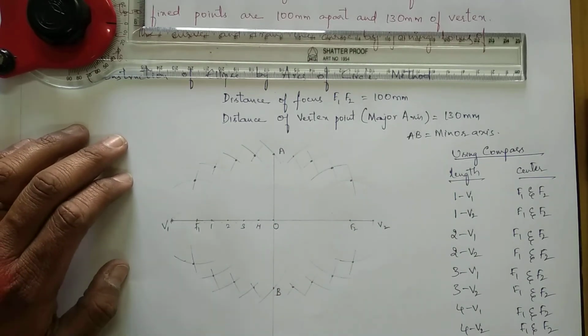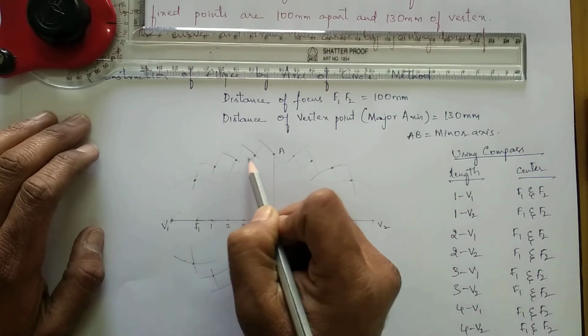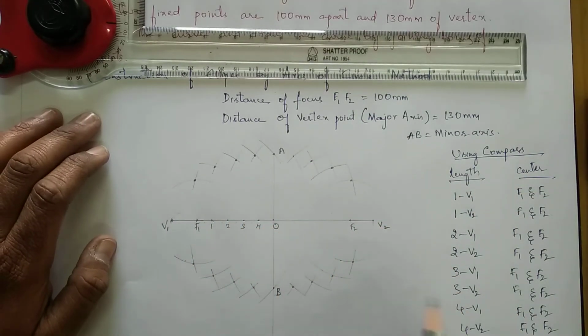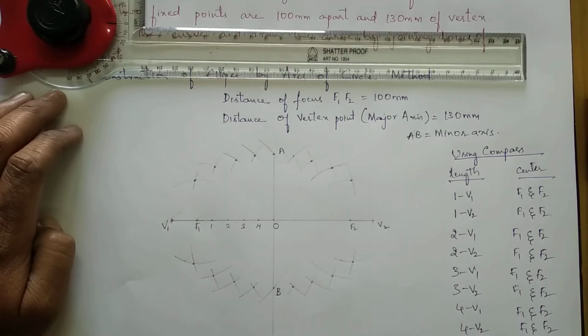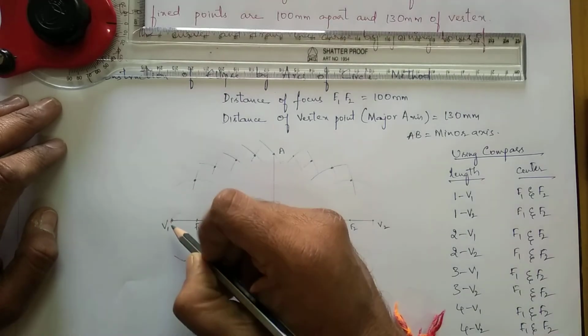Now using an HB pencil, go for joining all the points of the intersecting arcs by drawing a smooth curve, such that you will be getting an ellipse.